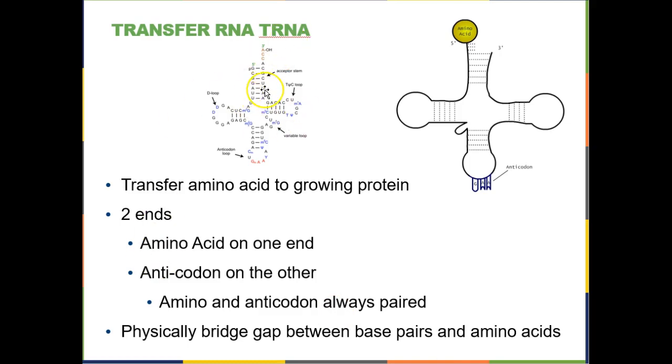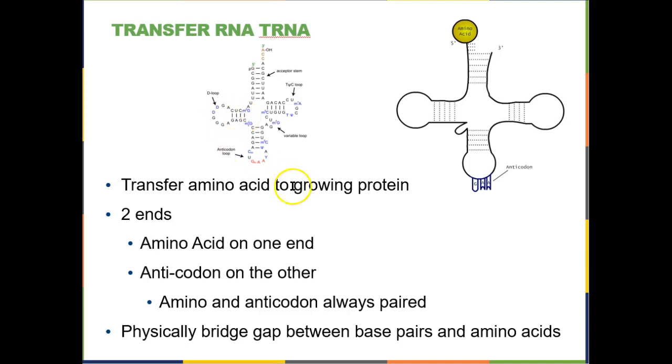So this is what a tRNA looks like in great detail. It is one long single-stranded RNA molecule that folds back upon itself. So it's got these double-stranded regions here because there are regions of complementarity within this long molecule that allow it to hydrogen bond and take on this sort of cross-like shape.